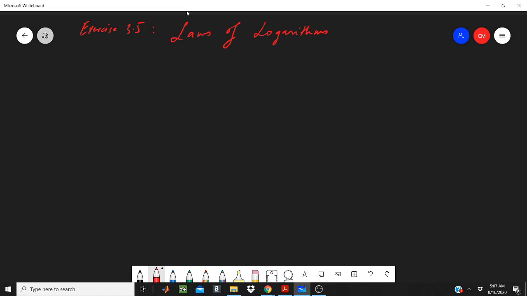So the first law is called the change of base law. I'll use a different pen color.